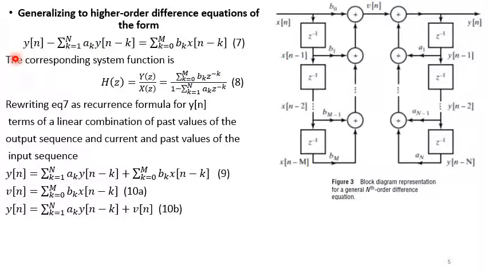So to write equation 7 as a recurrence formula for y of n in terms of a linear combination of past values of the output sequence, right? These are the past values of the output sequence, and these are the present and the past values of the input. So we can say that if you bring this to this side of the equation, it will become positive.